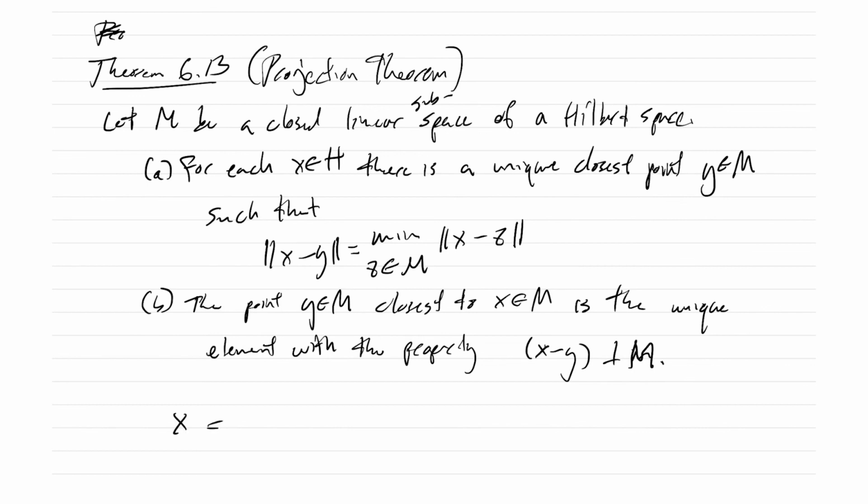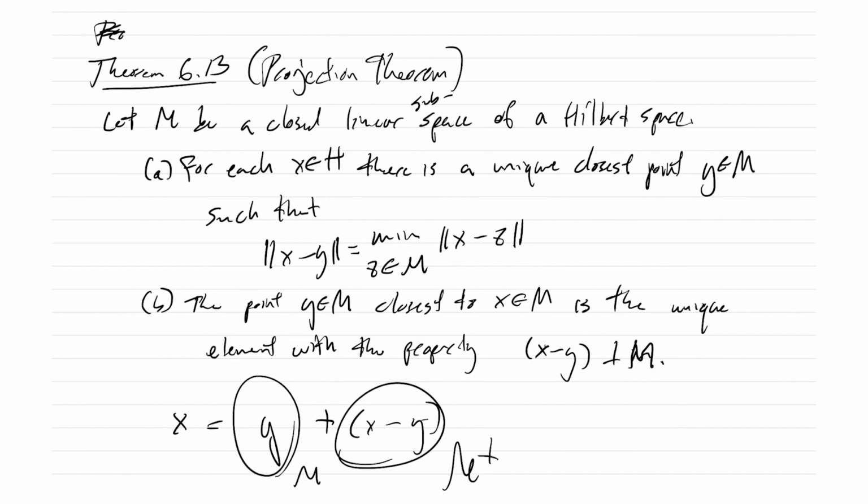We can say basically it's going to be y plus (x minus y). Now this equality seems trivial, but what we're saying is that y lives in M, and x minus y lives in M perp, and this sort of breakdown is extremely important.